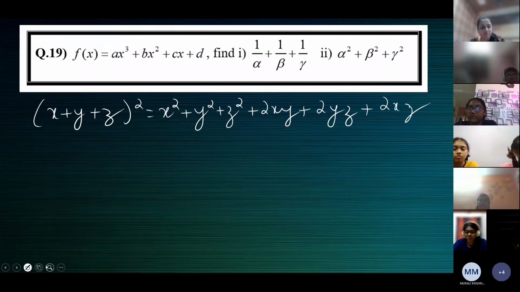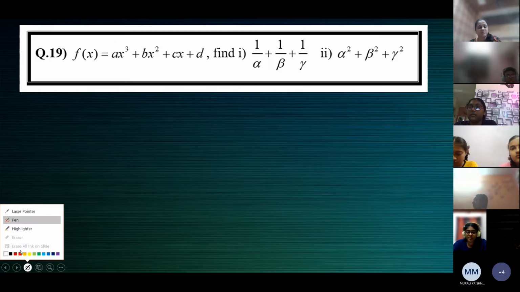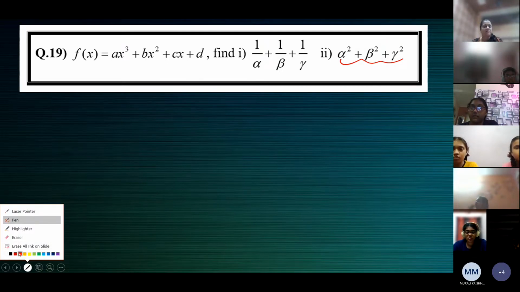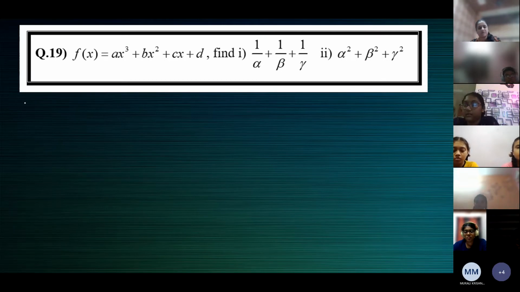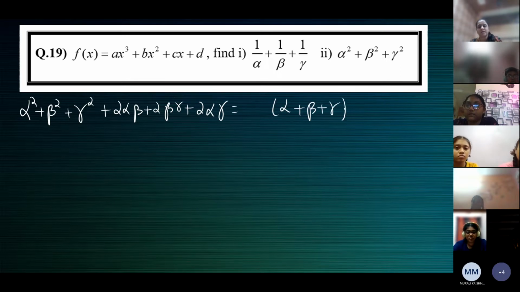And this identity is going to be useful in finding the value of alpha square plus beta square plus gamma square. So I'm going to write the same identity using alpha beta gamma. Alpha square plus beta square plus gamma square plus 2 alpha beta plus 2 beta gamma plus 2 alpha gamma is equal to alpha plus beta plus gamma the whole square.